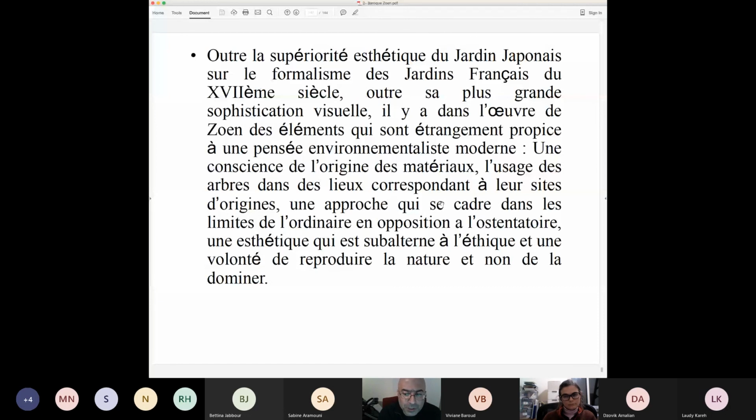And an approach that attempts to limit itself in the ordinary, the aesthetic of the ordinary that we talked about above. An aesthetic of the ordinary that is completely opposed to this idea of conspicuous consumption, which is precisely the idea that you see in Versailles.